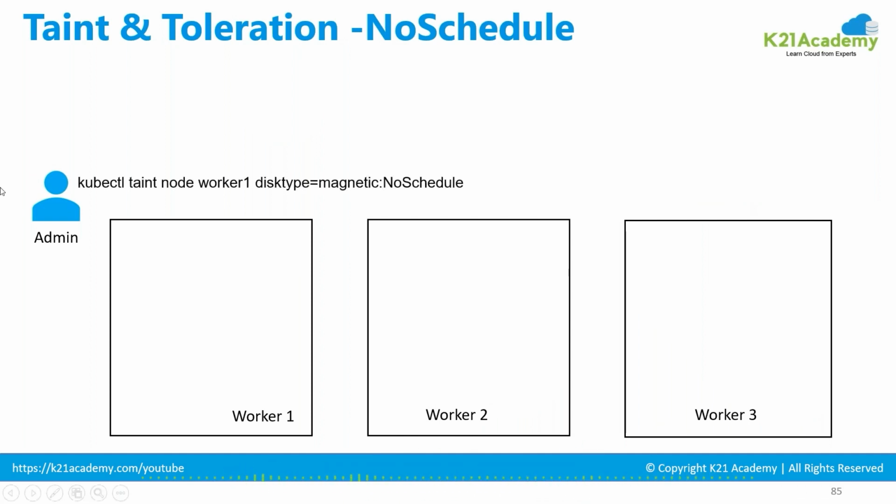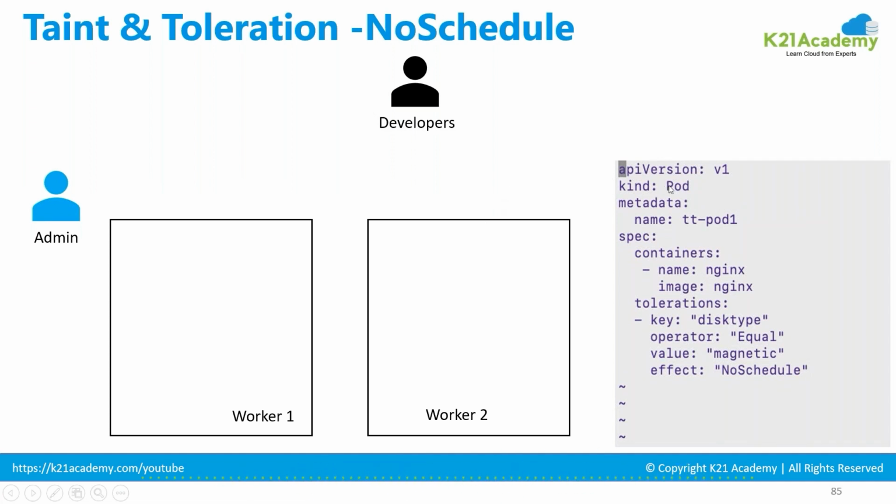Let's say this is again the same example, where you write here, okay, tolerate the pod that has this particular information. So what will happen? This worker 1 basically has a taint called type equal to magnetic NoSchedule. And we are saying with the help of this YAML file, please deploy this one on the worker 1.